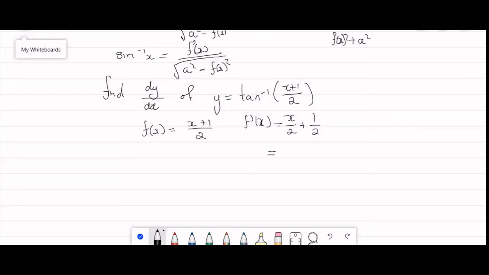Now the derivative of it will be 1 over 2, since we know that the derivative of x is 1. Therefore our f prime at x is 1 over 2, because when you differentiate the constant 1 over 2, we get 0.